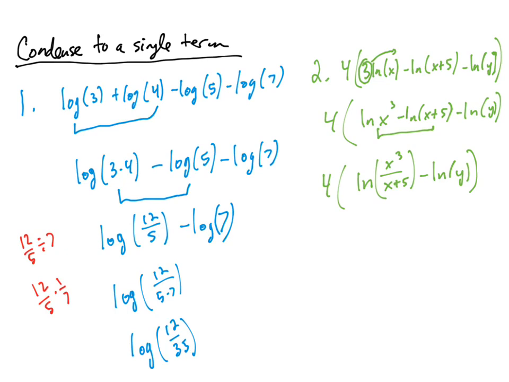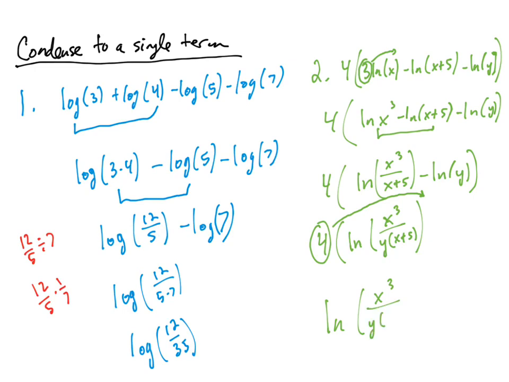And then again, the y is going to go to the denominator of the first argument. So we get y times x plus 5 in the denominator like this. And then the 4 here is going to become an exponent on the argument. So we end up with ln of x cubed over y, x plus 5, all raised to the 4th power. And that's it.